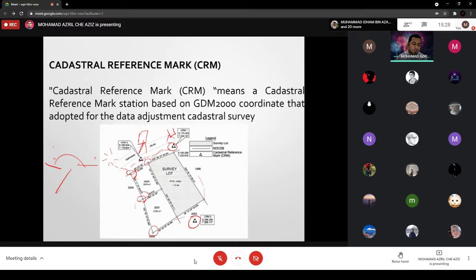You must avoid them, because they will influence your data. So CRM is one of the datums that you will use in order to start your survey in cadastral, other than two boundary marks with one solar observation, and three boundary marks to check the angle.